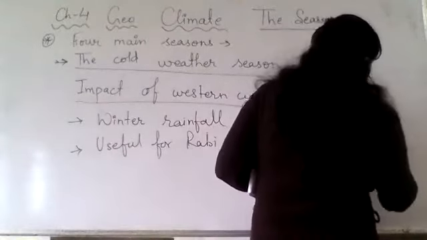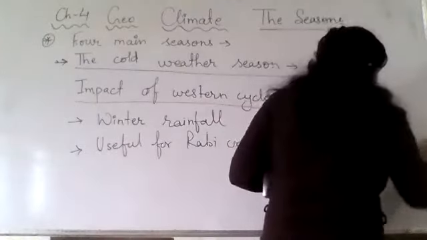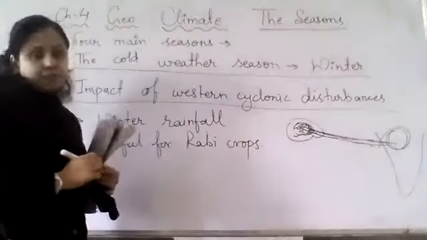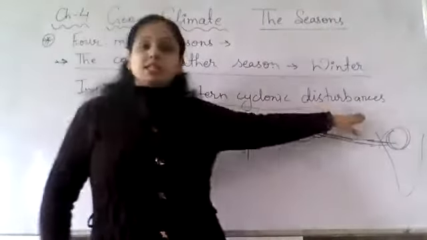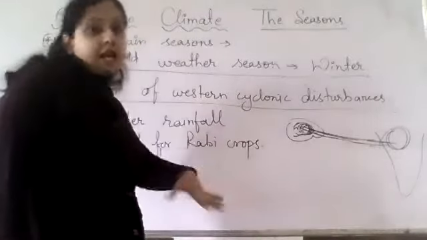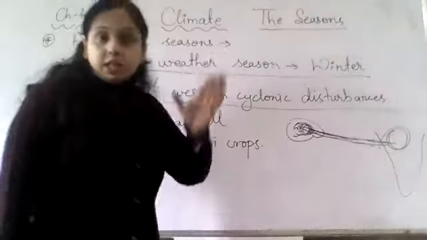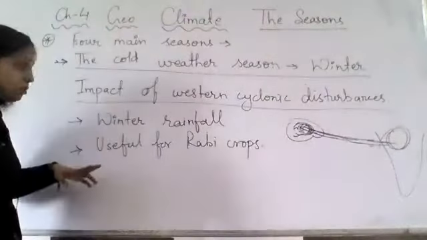So they take moisture and they come to India, and in the northern part of India you can see rainfall in winter. So that rainfall is because of the western cyclonic disturbances. I have already explained this topic in a very detailed manner. So if you want the detailed one, you can go and watch the video related to western cyclonic disturbance.